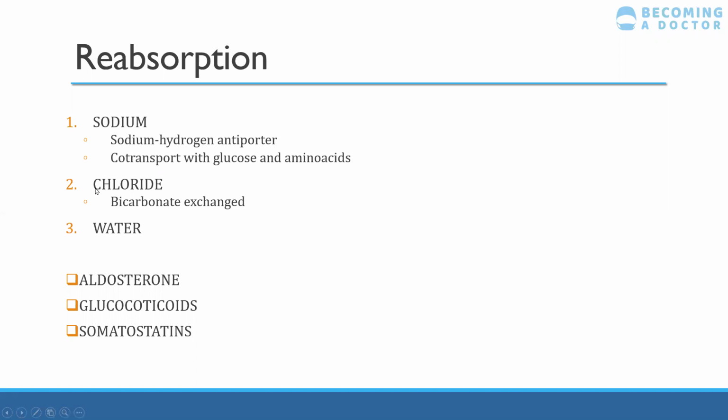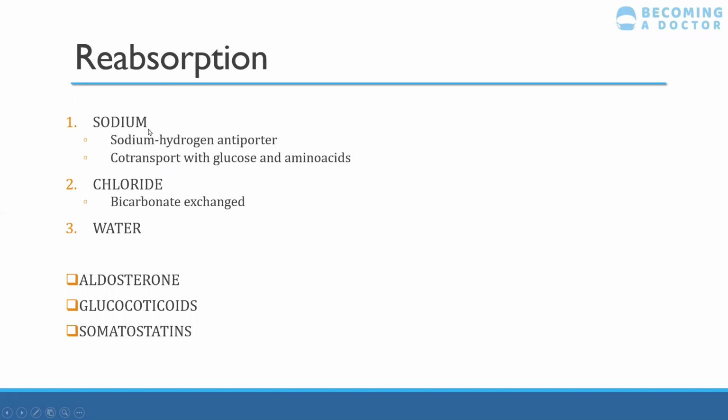Then you have your chloride ions, which are reabsorbed, and the reason why is because of the electrochemical gradient that's formed from the reabsorption of the sodium ions. When your chloride ions are reabsorbed, bicarbonate ions are exchanged with the chloride ions, therefore your bicarbonate ions are pushed out into your lumen.